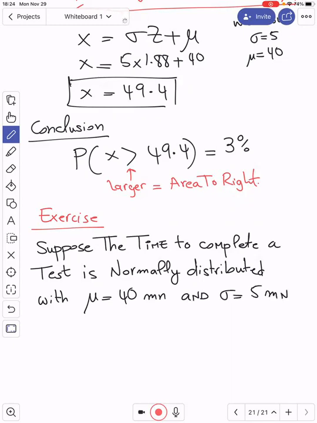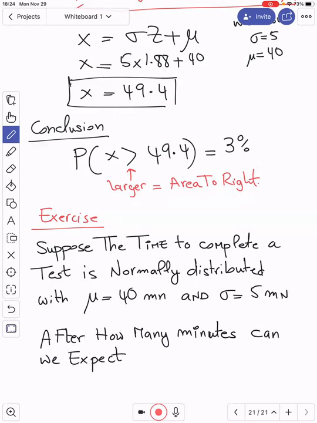So the question is the following: after how many minutes can we expect all but 3% of the tests to be completed?